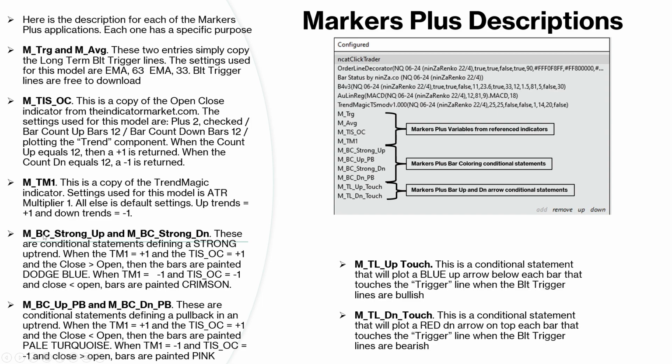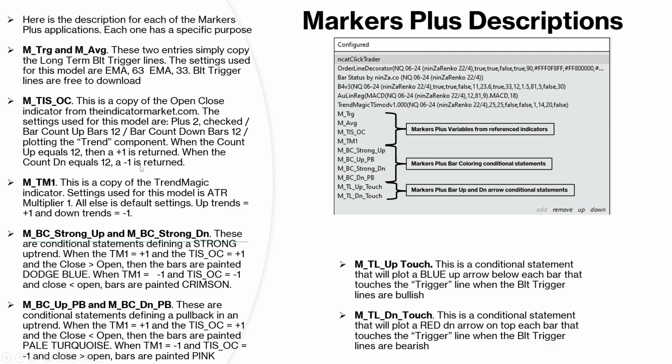All right, BC just stands for bar coloring. That's so I can keep my naming conventions straight, so I'll know where to go when I'm making tweaks. So I have a strong up and a strong down, and I'm just going to cover one side of this. The opposite side holds true. So these are conditional statements defining a strong up and down trend.